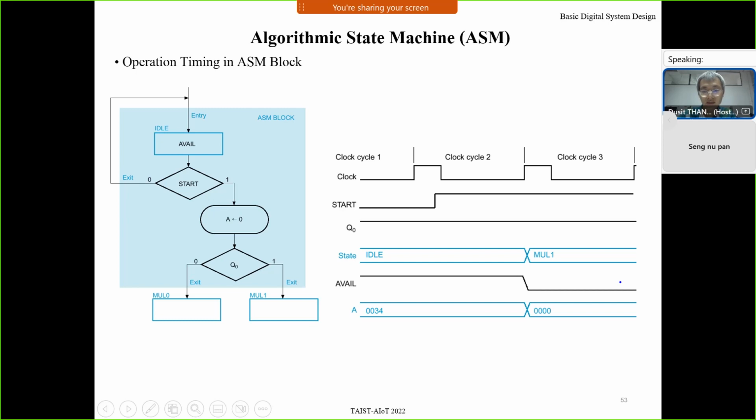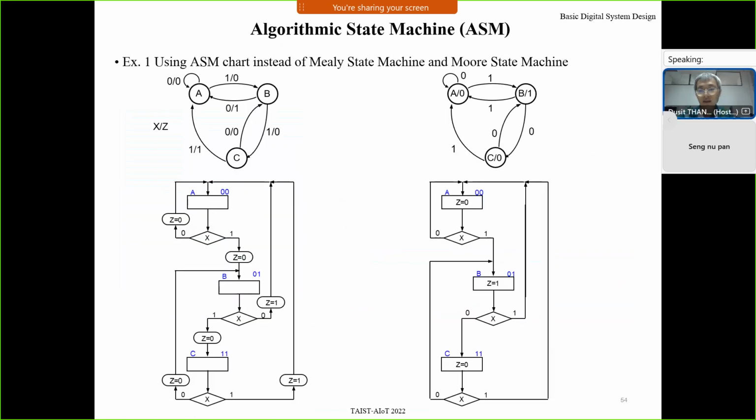Okay, now for this example, I just want to show you the relationship between a normal state diagram and an ASM chart. For example, this is a Mealy type state machine.